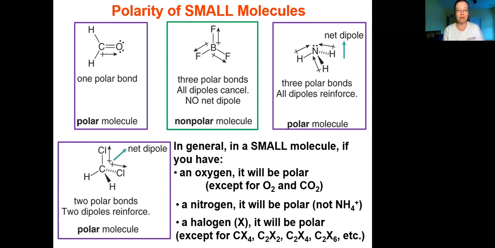Then you get your symmetry back, like we had with the triple bonded carbons and the 2 chlorine atoms. Then they're nonpolar. But most of the time, you're going to have a polar molecule when you have it.